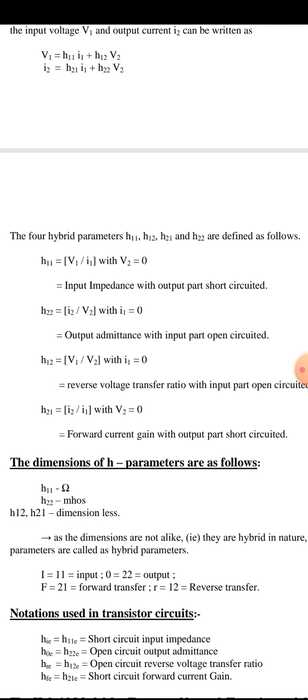11 stands for the input side. 22 stands for the output side. 21 means forward transfer ratio, and 12 means reverse transfer ratio. You also know a ratio is always calculated as output upon input.